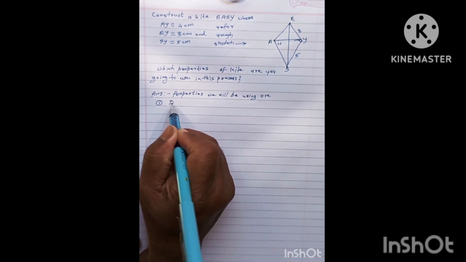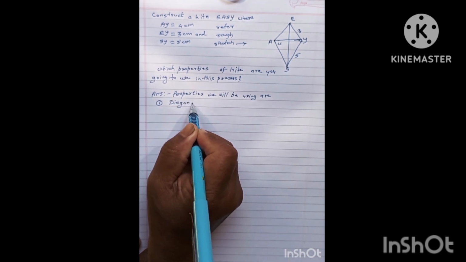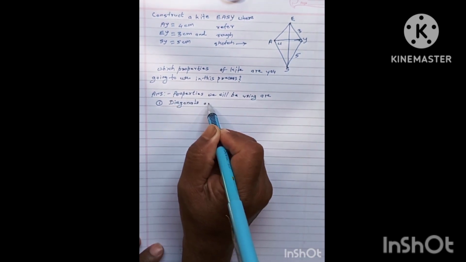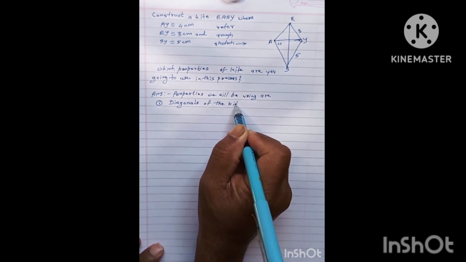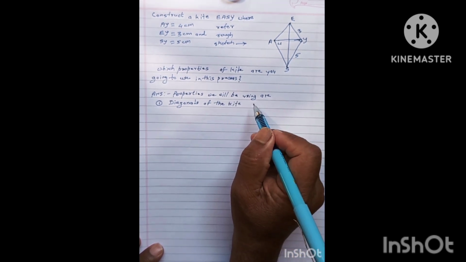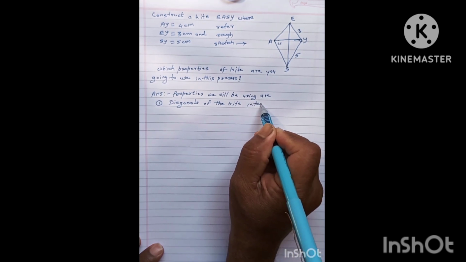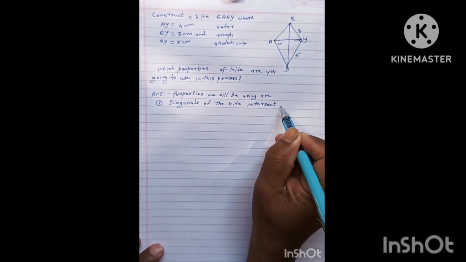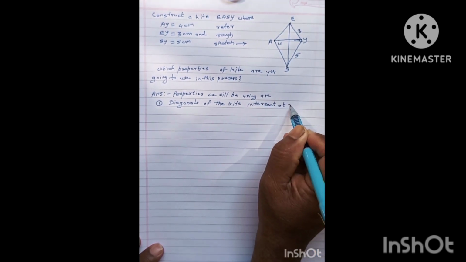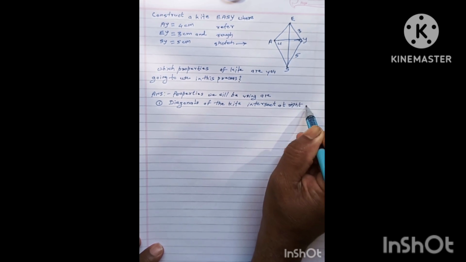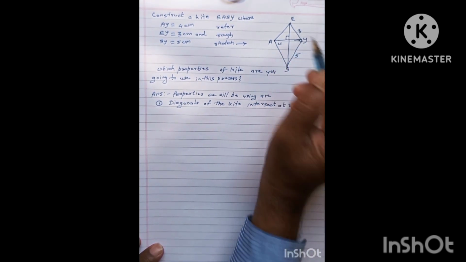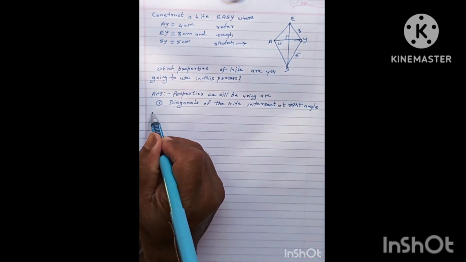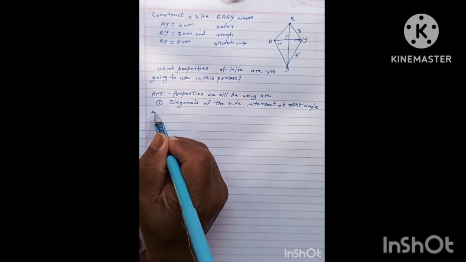First, the diagonals intersect. Remember, intersect, not bisect as in the case of a square or rectangle or rhombus. Remember, they intersect at a right angle. Even in a rhombus they intersect at a right angle, but they bisect at a right angle.